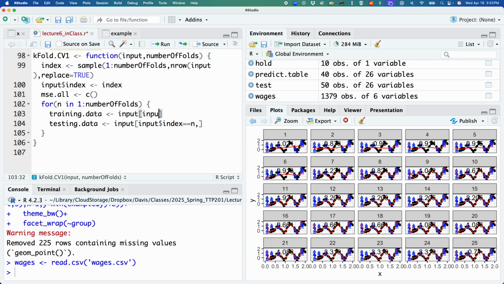So that would mean my training data would be input where the column index is not equal to n. Okay, so basically what I've said is make the testing data everything where index is equal to 1. Make the training data everything from the original input where the index is not equal to 1.